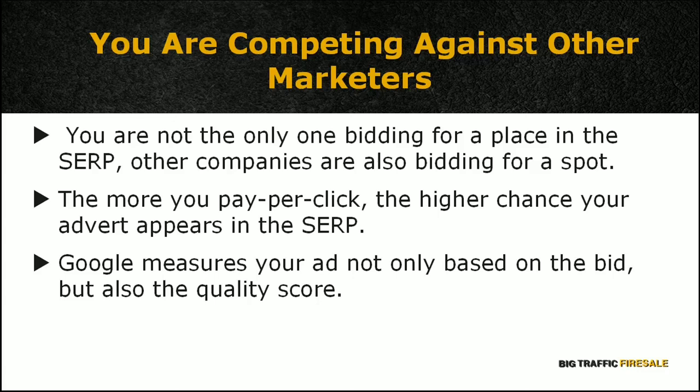The truth is, if you want your ad to appear at all, you would have to compete against other marketers. The more you pay per click, the higher chance your advert appears in the SERP. However, unlike real-life bidding, it's not just the highest bid price that is taken into account for the projection of your ad. Google also measures your ad by quality score, which we will unravel in the next chapter.